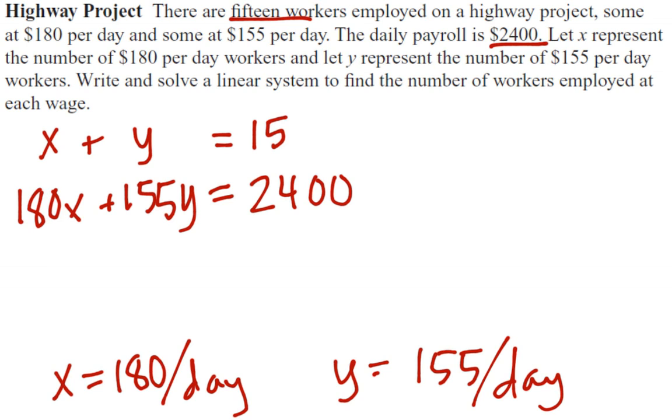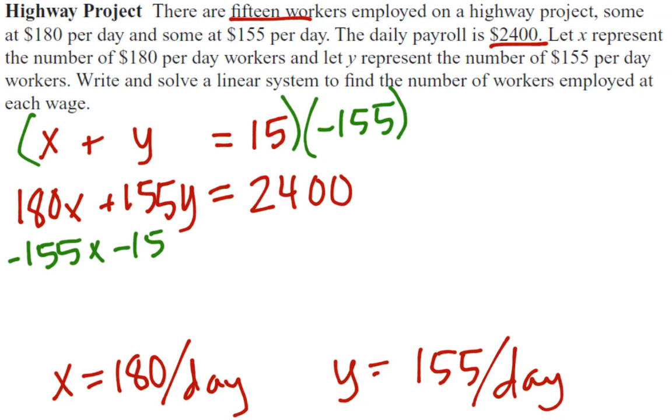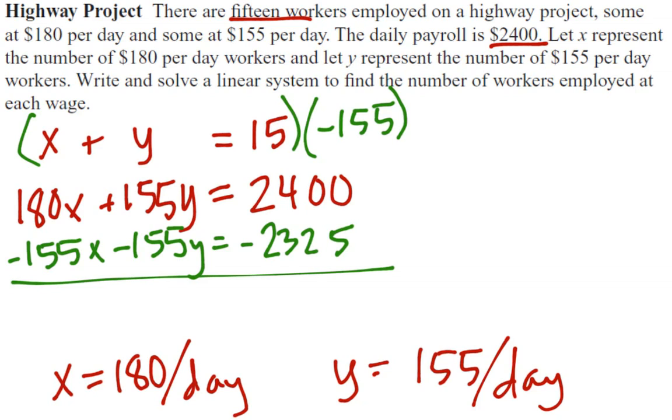Again, I can use linear substitution or the elimination method to figure this out. And I'll just eliminate y first, I guess. So I'm going to multiply the first equation by negative 155. And that's going to make negative 155x minus 155y equals negative 2,325. Do the subtraction here.